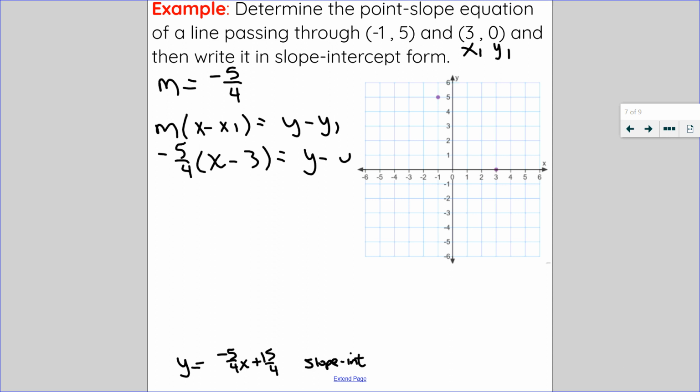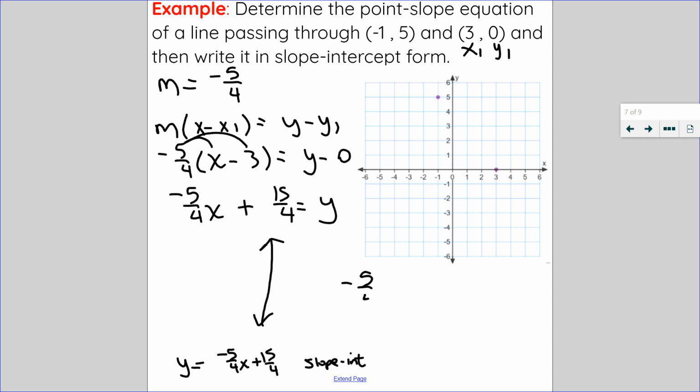So distributive property, -5/4 times x, -5/4 times 3 is positive 15/4 equals y, because y take away 0 is just 0. So you can see I have a match. So that means that I can have it in point slope form as -5/4 x minus 3 equals y. That's point slope form.